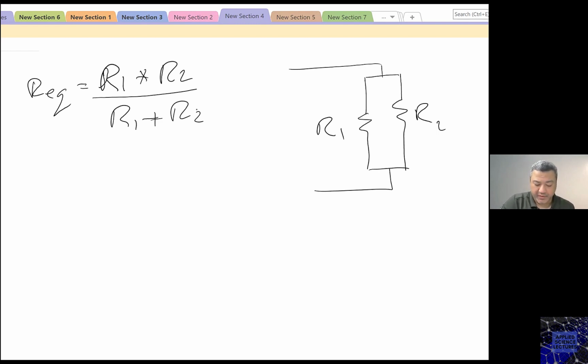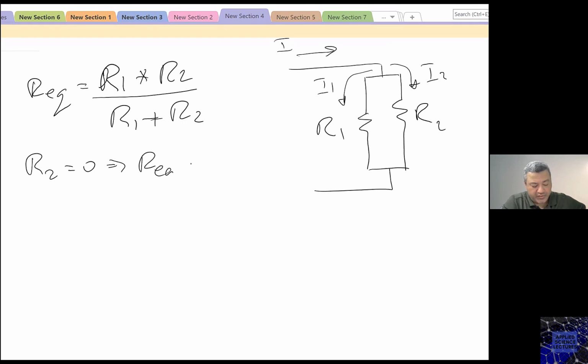And this is going to happen. A current basically is going to split into I1 and I2. But what's going to happen if I have R2 being 0? If R2 is 0, the R equivalent would be 0. Why? Because here I have 0 times whatever, which is going to give me a 0.